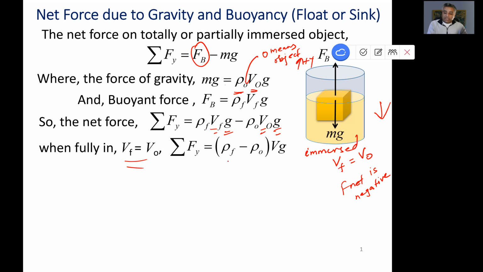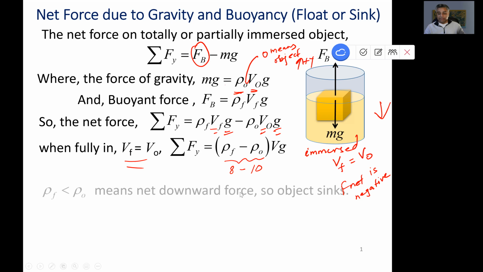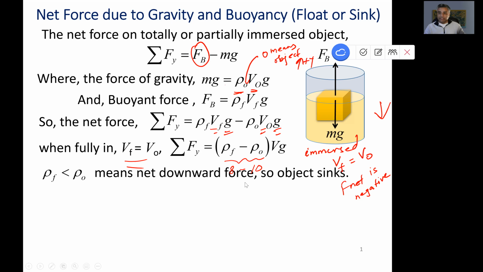So when do we get negative from these two numbers? If I have, let's say, rho F 8 and rho O 10, 8 minus 10 is negative 2, right? So that's when I get negative. So that means the density of the object has to be larger than the density of the fluid.